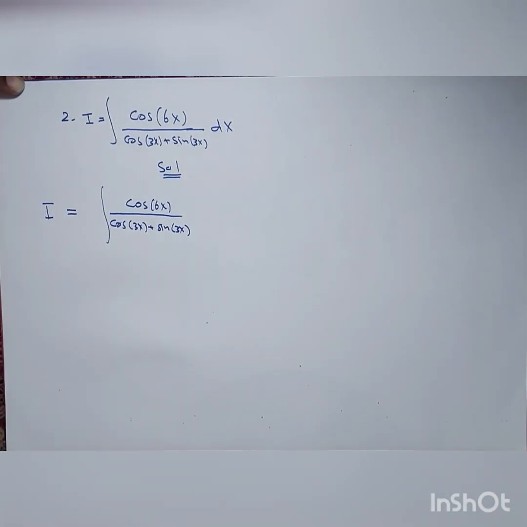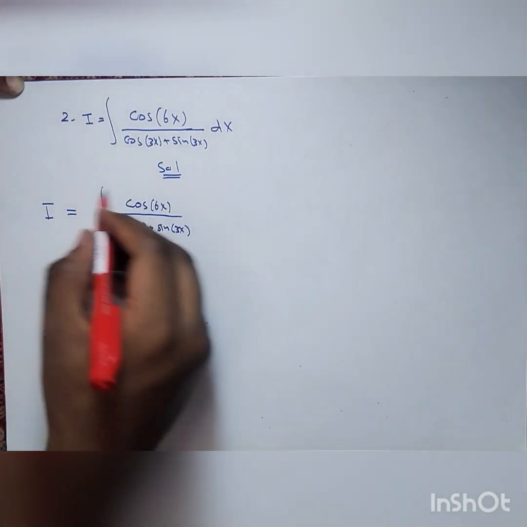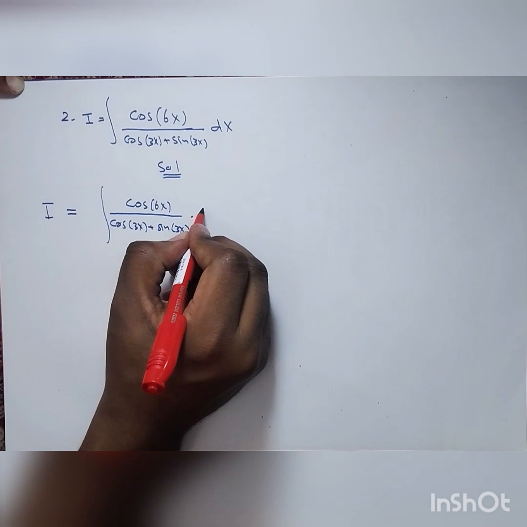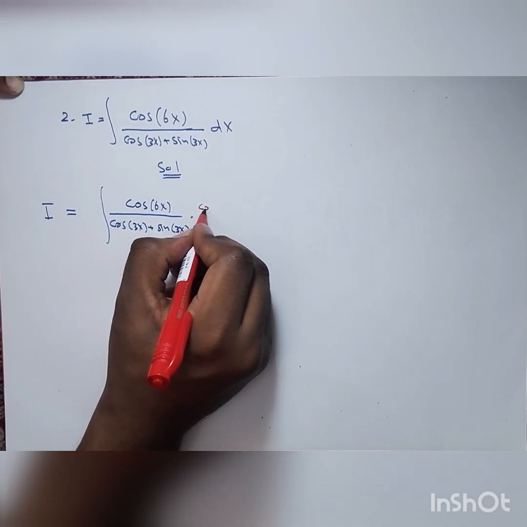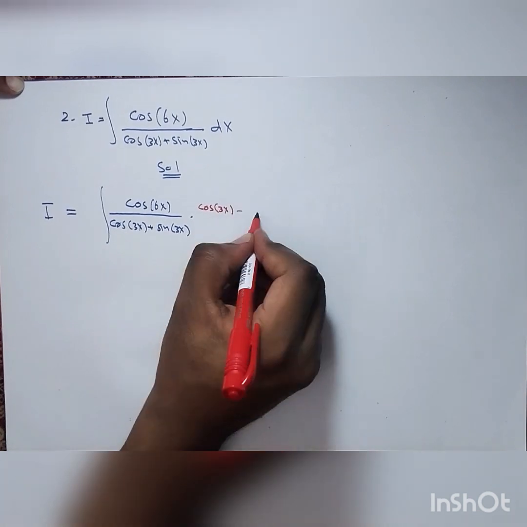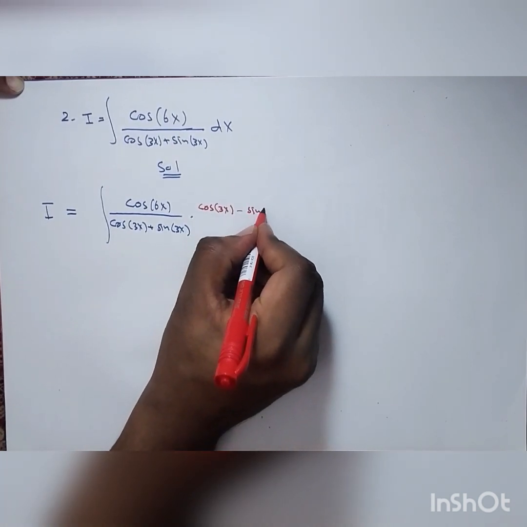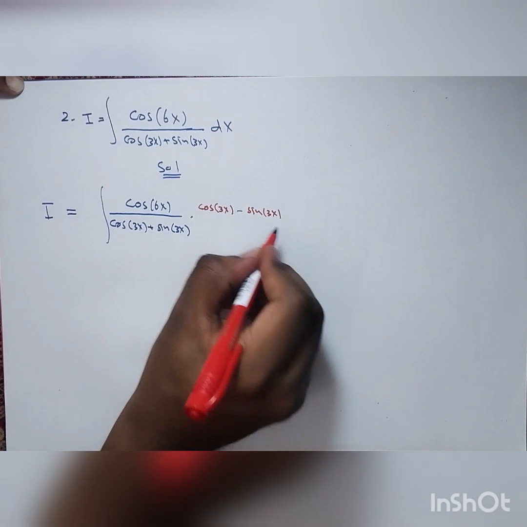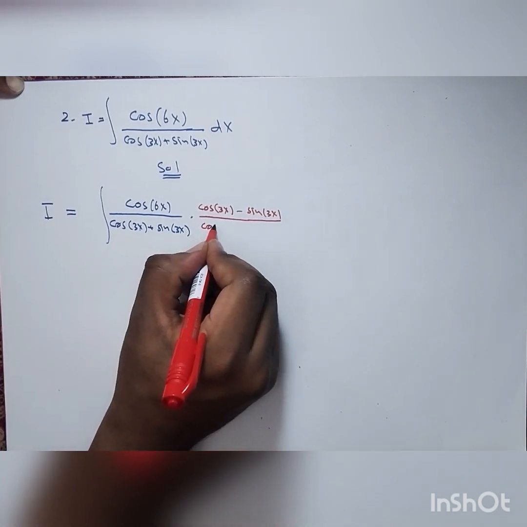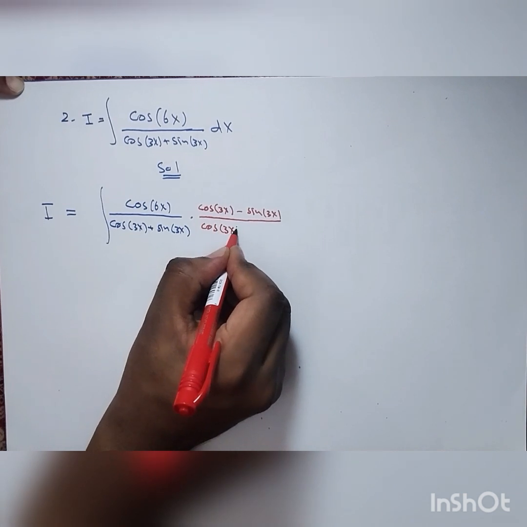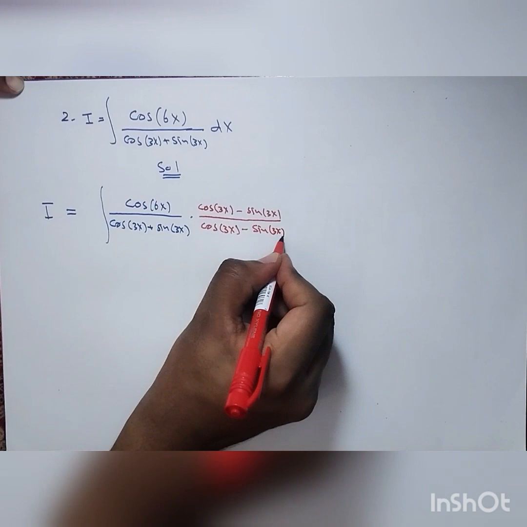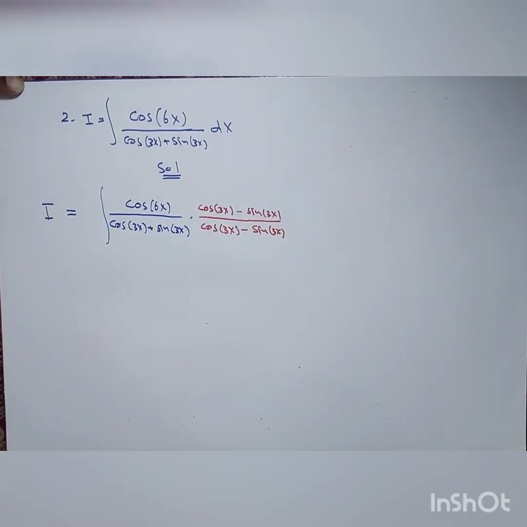Before we write dx, let us see what we plan to do. We multiply by cosine 3x minus sine 3x, and at the same time divide by cosine 3x minus sine 3x, and then dx.